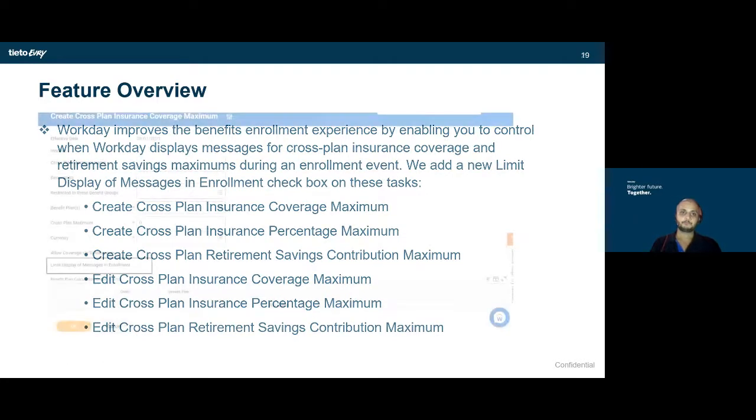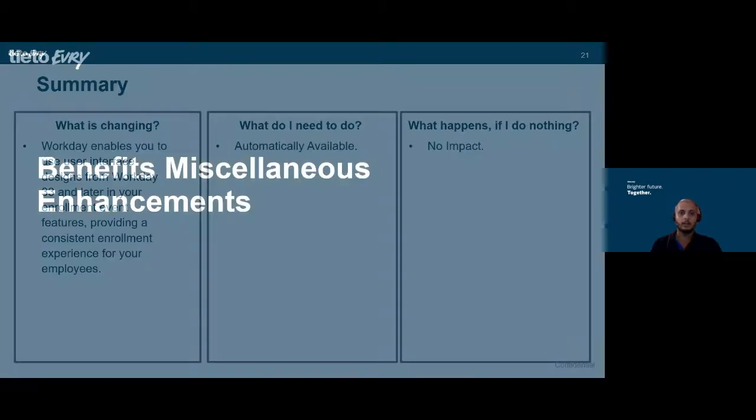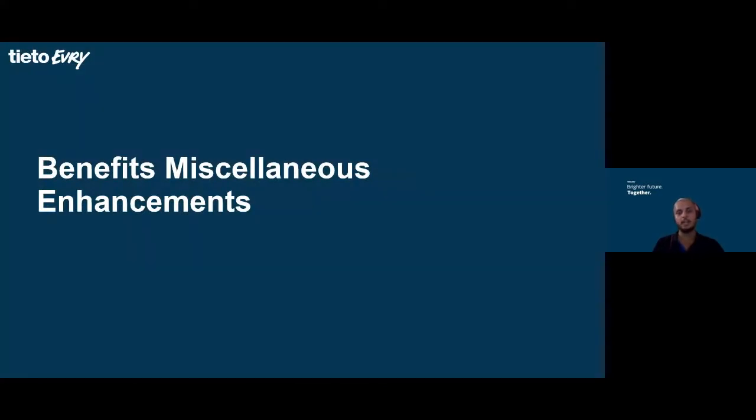So even this feature would be automatically available in the tenants, and since it is also an opt-in feature, it will not have an impact if nothing is done for this. So now the last feature that we had was miscellaneous enhancements, which has been brought by Workday as part of this update.